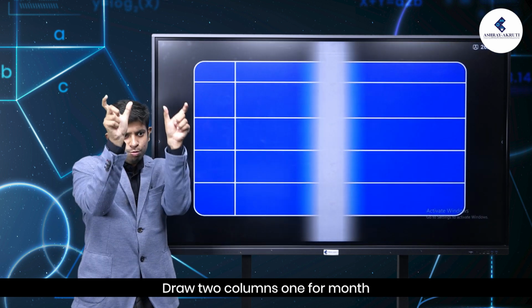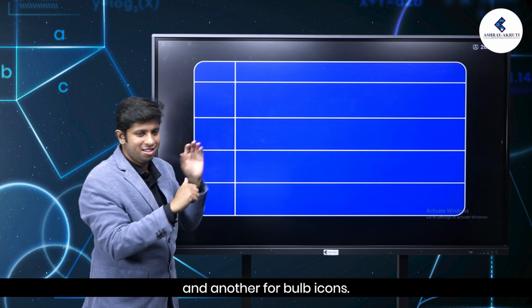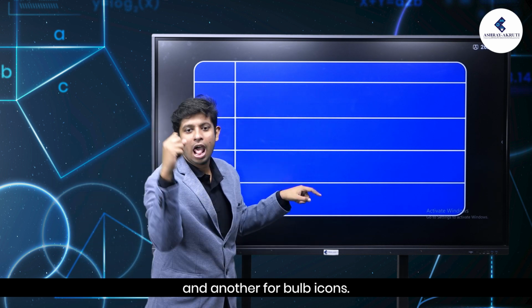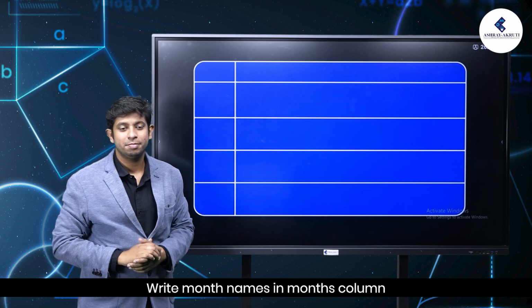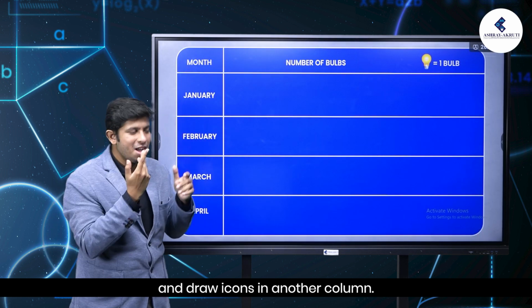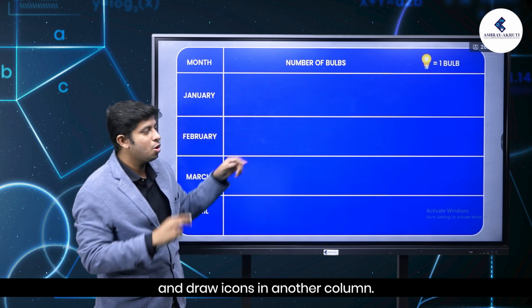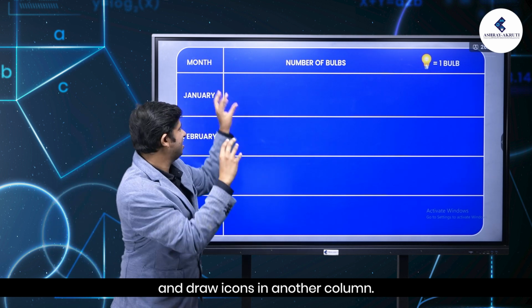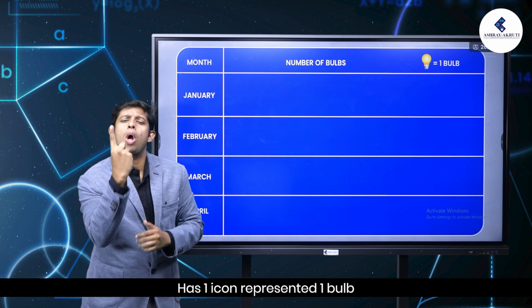Draw 2 columns, one for month and another for bulb icons. Write month names in the month column and draw icons in the other column. Each icon represents one bulb.